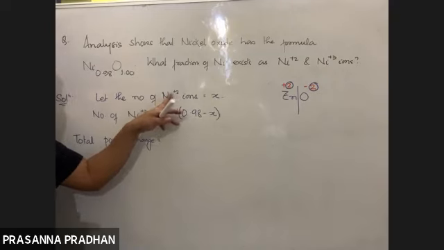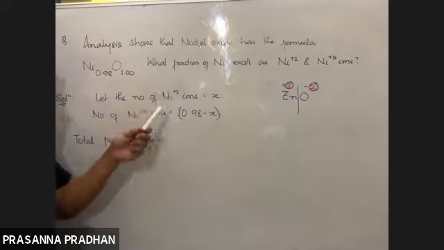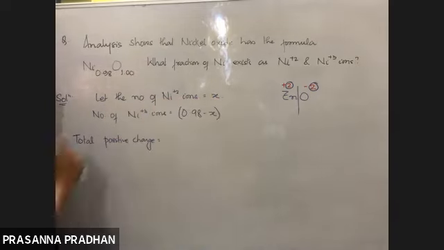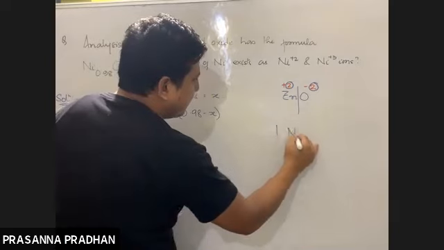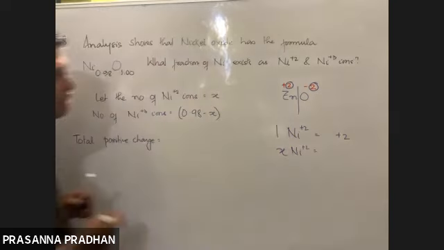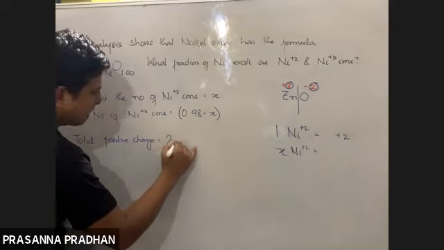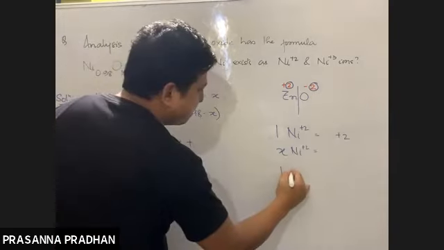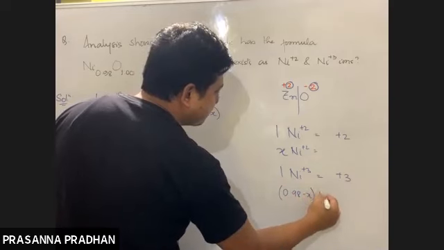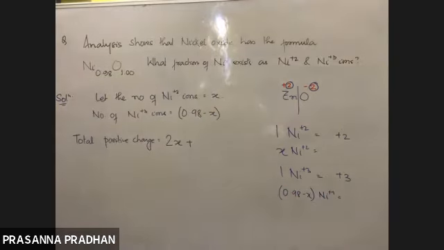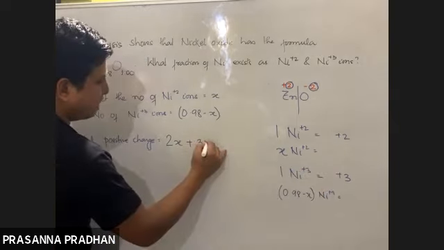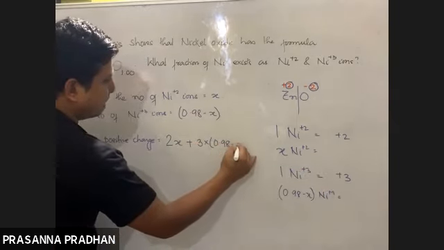Plus 2. So for x nickel dipositive ions, what is the total positive charge? It is 2x. For one nickel tripositive ion the charge is plus 3, so for 0.98 minus x nickel tripositive ions, how much positive charge will there be? It is 3 into 0.98 minus x.